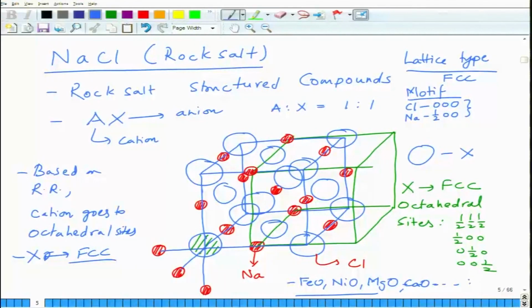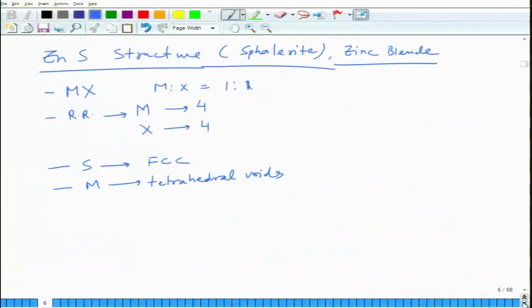So, all of these follow NaCl based structure based on their radius ratio, and in this case zinc sulfide based structures, examples are zinc oxide and silicon carbide. These follow zinc sulfide based structure.